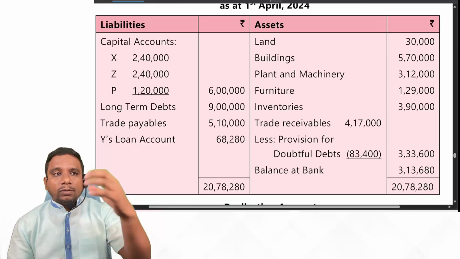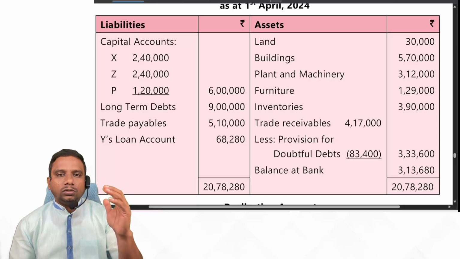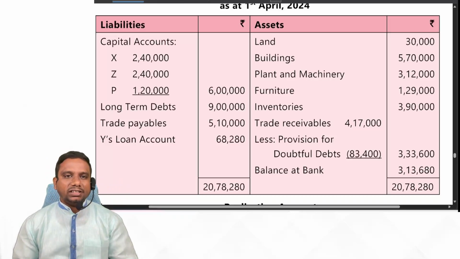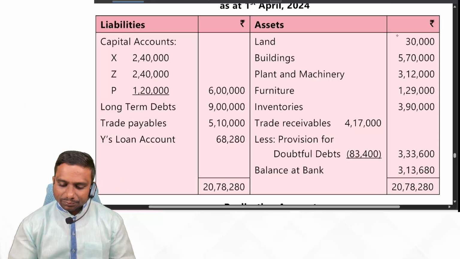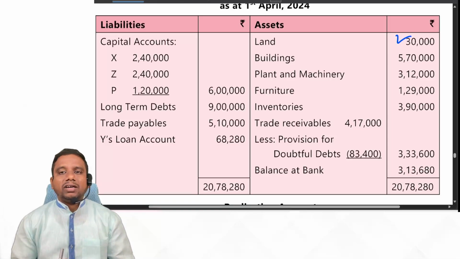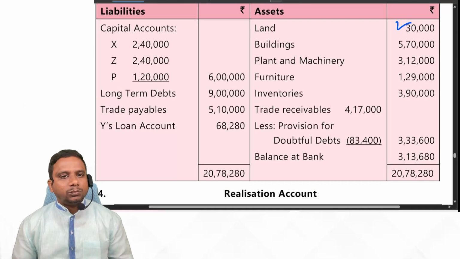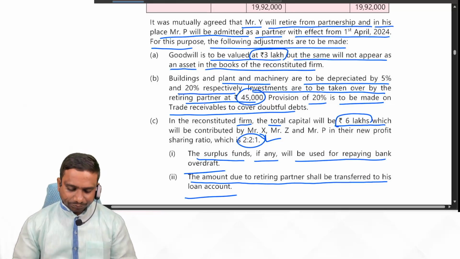Because from the opening balance sheet, that means the balance sheet given in the problem, prepare the closing balance sheet. Observe land, but at the time of preparation of this, the changed amounts we have to change. Any amount that is changed, we have to do accordingly. Okay. So based on that, this balance sheet is the next one.